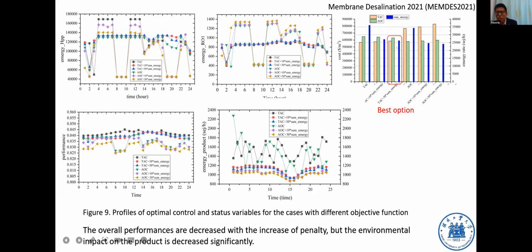And we also compare the cost and the emergency rate of the product for the 6 cases, and we found that the objective of total annualized cost and the sum of emergency rate of product could give the best cost and emergency rate performances.